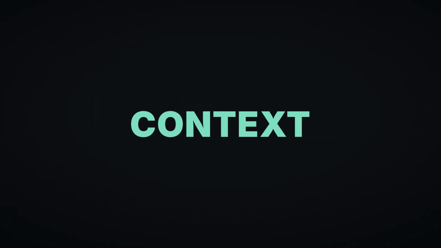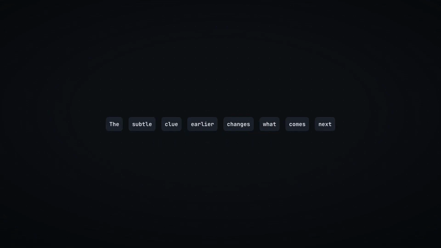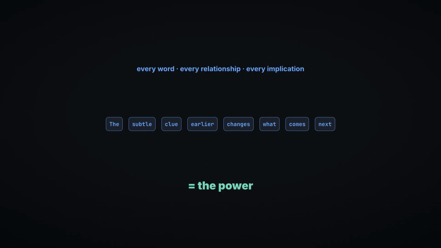The answer is context. A next word predictor without context is just a glorified autocomplete. But a next word predictor that deeply understands everything that came before, every word, every relationship, every subtle implication in the entire text, that is something else entirely. That is what makes this so powerful.